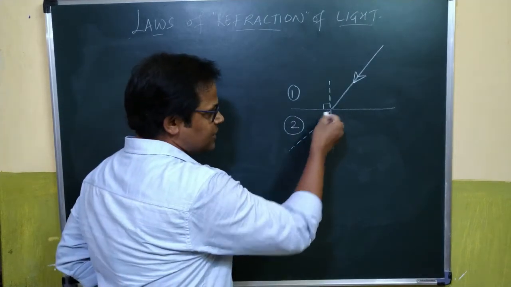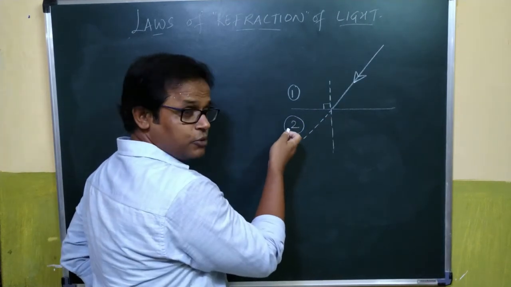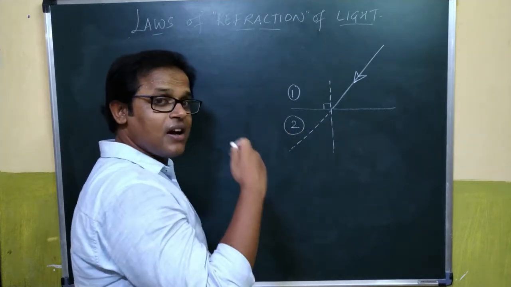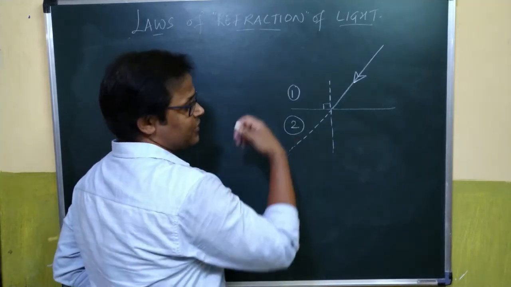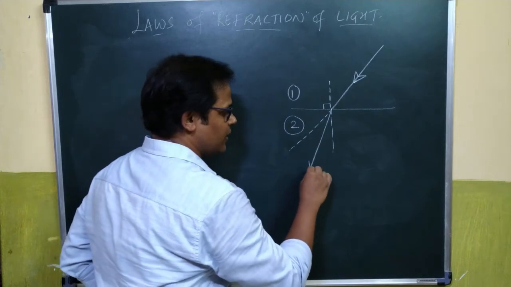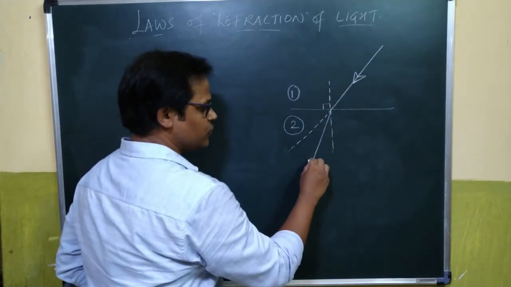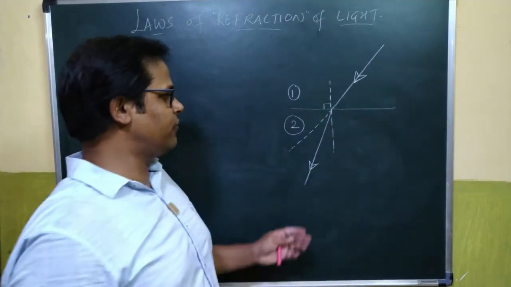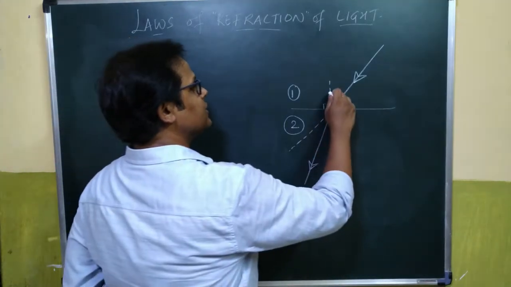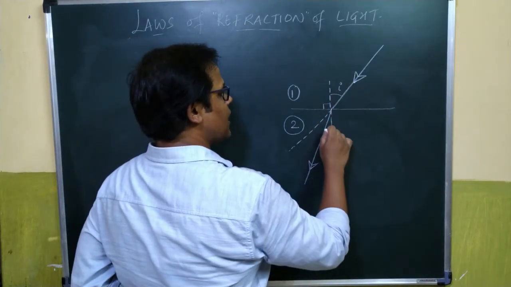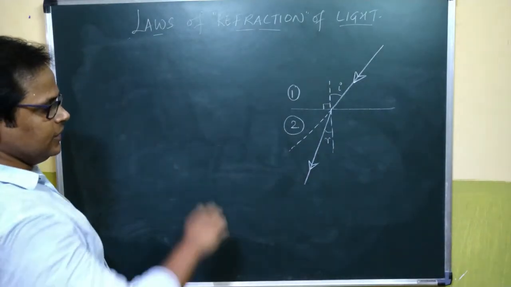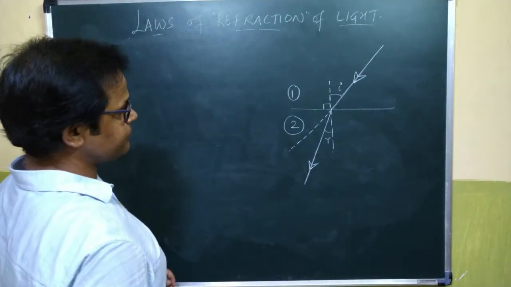So if medium 2 is optically denser, I mean medium 2 has higher refractive index in comparison to medium 1, then the ray of light should go this way. Simple. So in whichever medium you have your refracted ray, it becomes your medium 2. So angles, always get them right. This is i, this is your r. Is that clear? Alright.